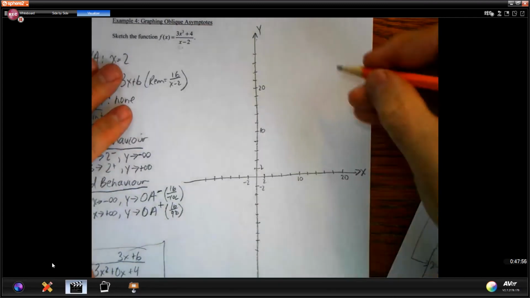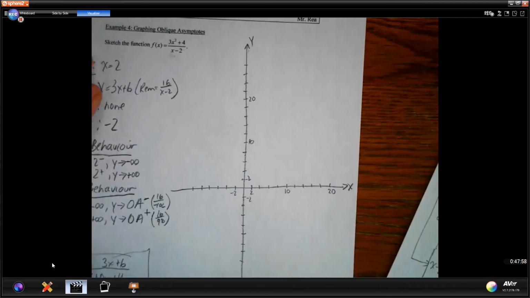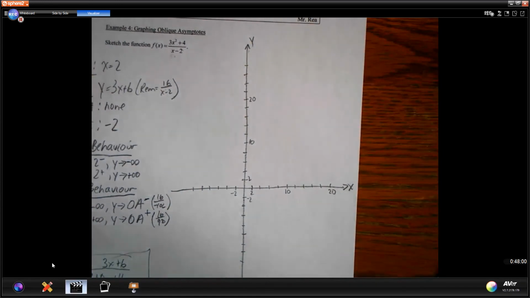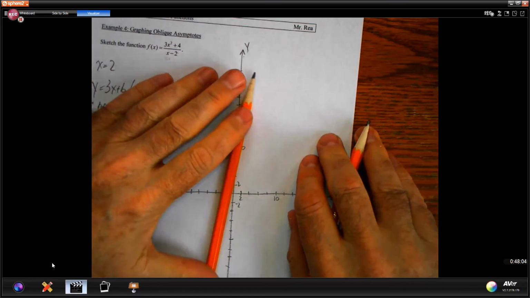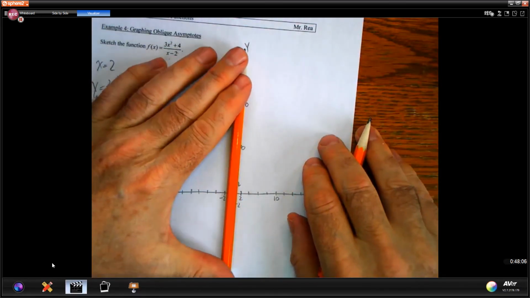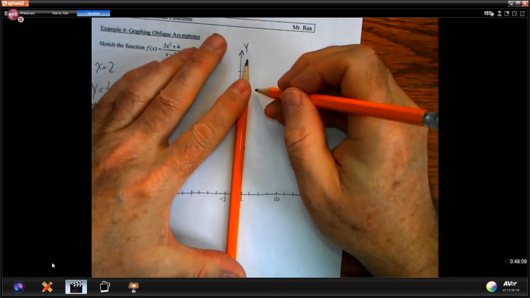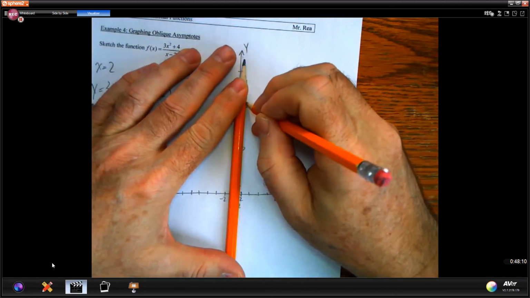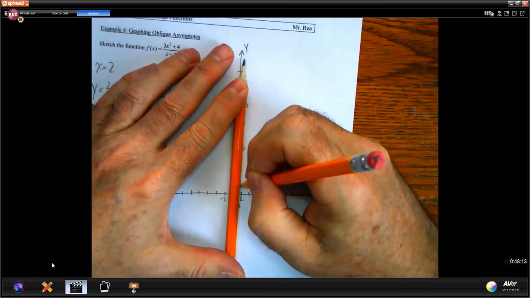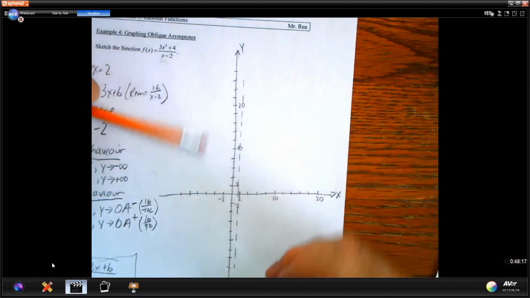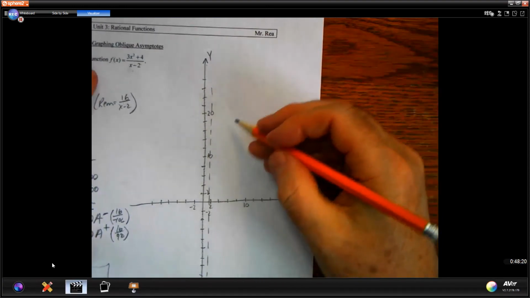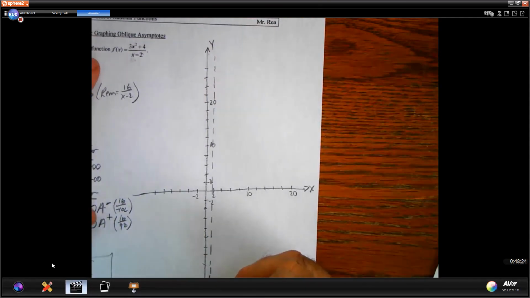Again, first thing I'm going to do is draw the asymptotes. We have a vertical asymptote at x equals 2. Not the best job, but it'll do. So that's my vertical asymptote.